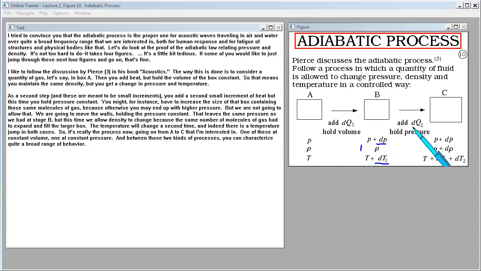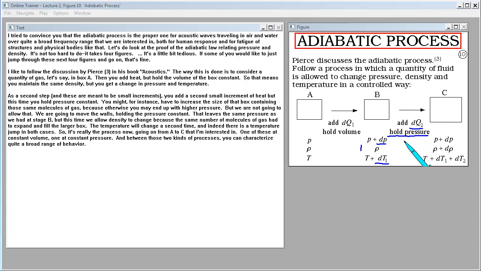As a second step, and these are meant to be small increments, you add a second small increment of heat, but this time you hold pressure constant. You might, for instance, have to increase the size of that box containing those same molecules of gas, because otherwise you may end up with a higher pressure. But we're not going to allow that. We're going to move the walls holding pressure constant.